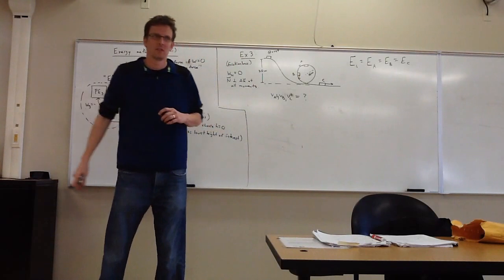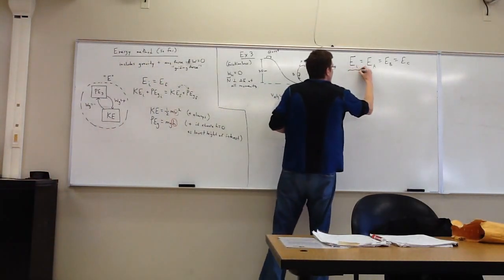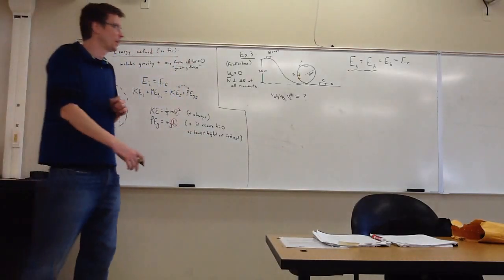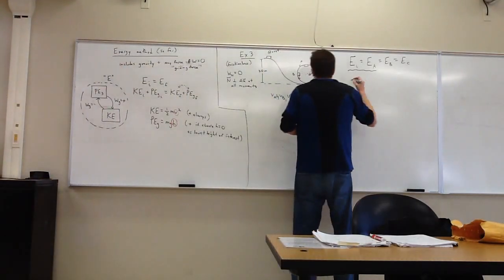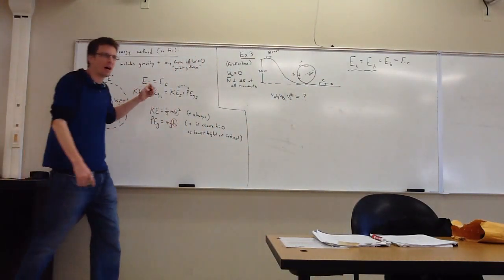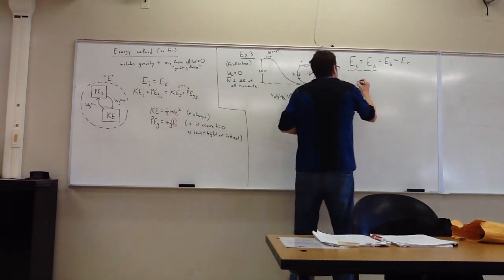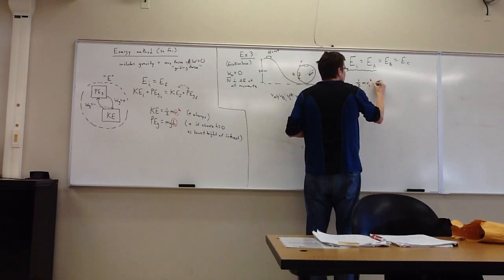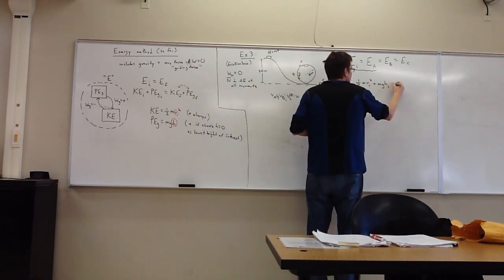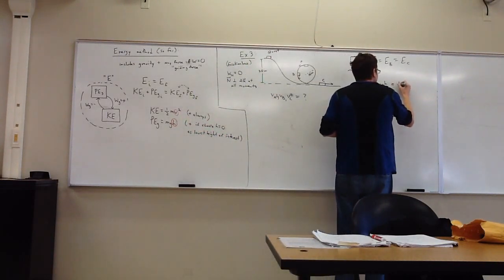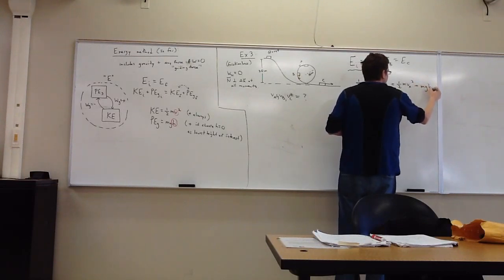Whatever initial energy you have, it has to be all in at point A. So I'm going to add up my two forms of energy at the beginning and see how much I have to work with: 1/2 mv initial squared plus mg h initial. Then I'm going to make sure it's all there at point A. If it's not in one form, it's got to be in the other.